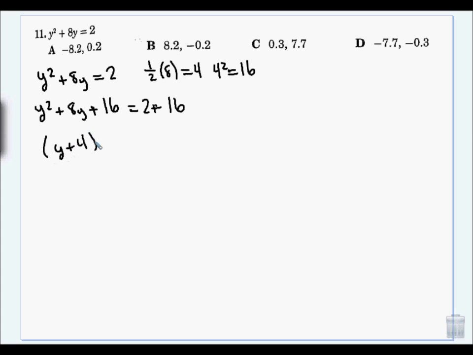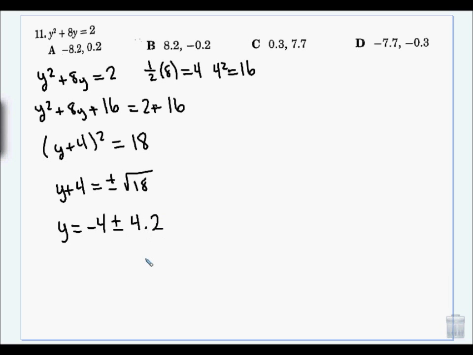So y plus 4 squared is equal to 18. So y plus 4 is equal to plus or minus the square root of 18. You see how I've got decimal answers, so I'm actually going to have to take the square root of 18. So y is negative 4 plus or minus 4.2.